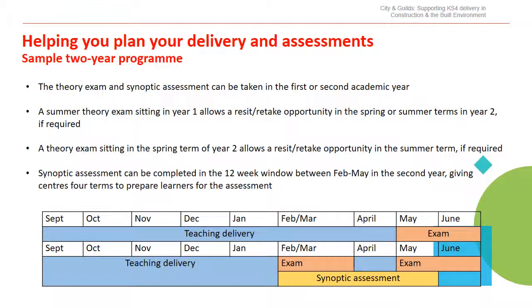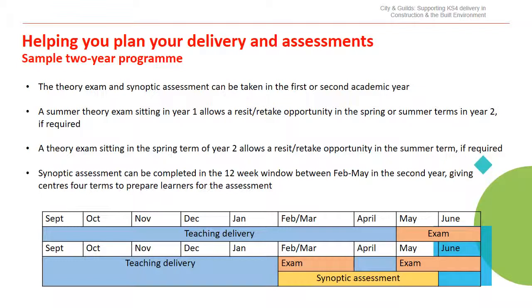With a 2-year delivery, if you have any learners that took the exam in the first year in May and June and were either not successful or you want to improve their grade, you can see that in the second year there are other exam opportunities, either in the first exam series, which is February and March, for any retakes, or you may want to wait for those learners to take the exam later in the year, in the May-June series.